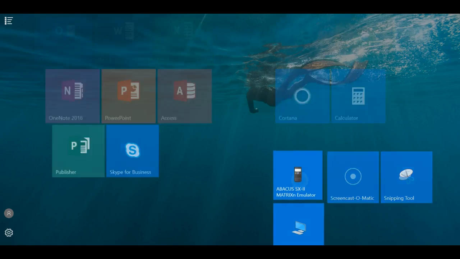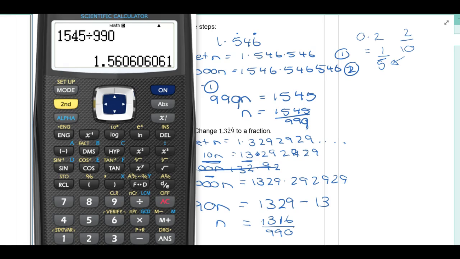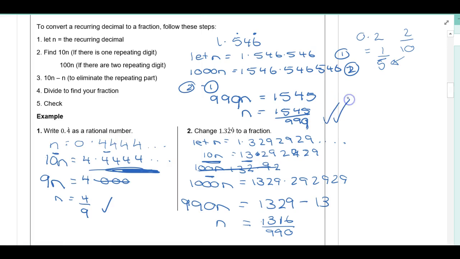Let's go again. So see how I checked and found I was wrong because I can't do a simple subtraction. 45 on 990. I did the same thing again. 99. Oh, got it. Okay, so you can check your answer. So make sure you don't make silly errors like me.